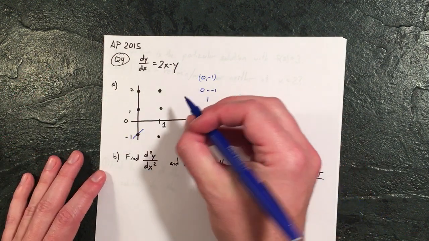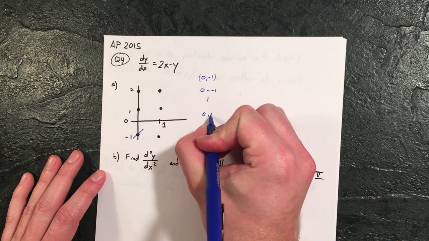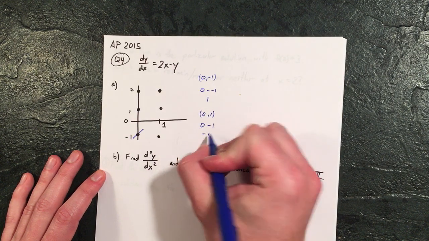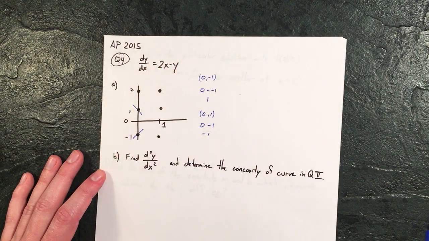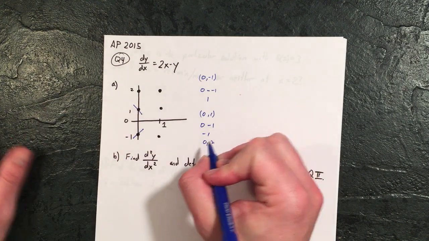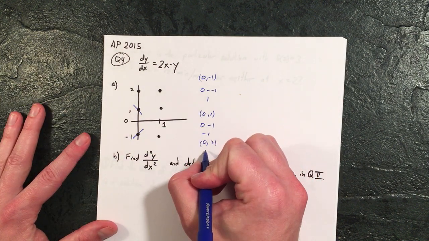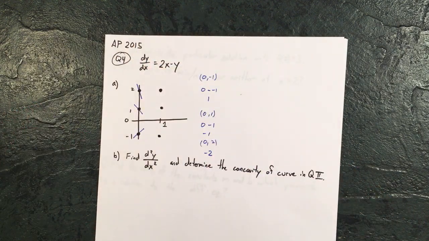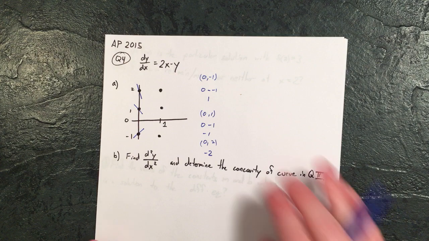We then have the point at 0, 1, which is getting us 0 minus 1. So a -1 slope there. And then the last one at 0, 2 is getting us the slope of -2, which is just a little bit more slanted down in the negative direction.